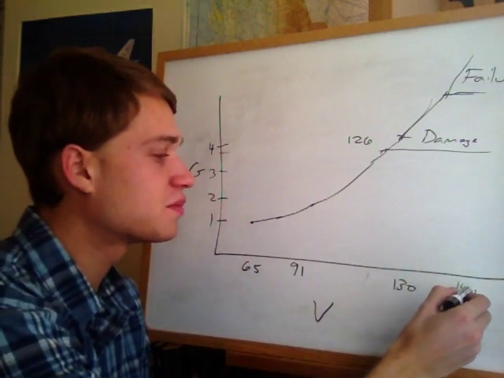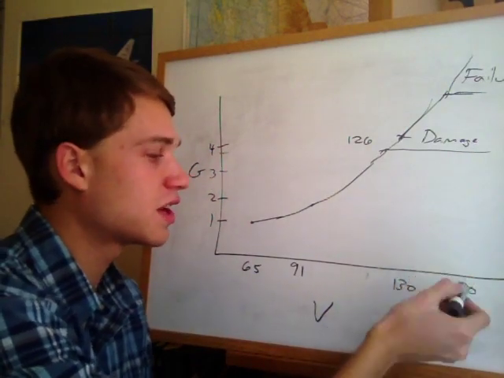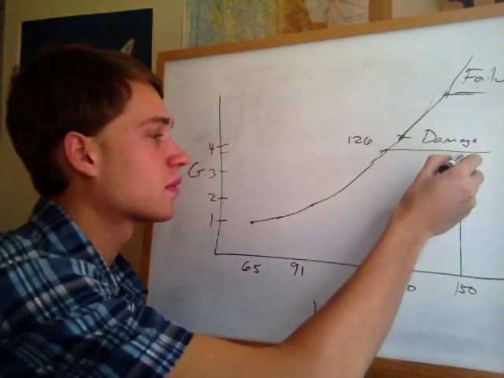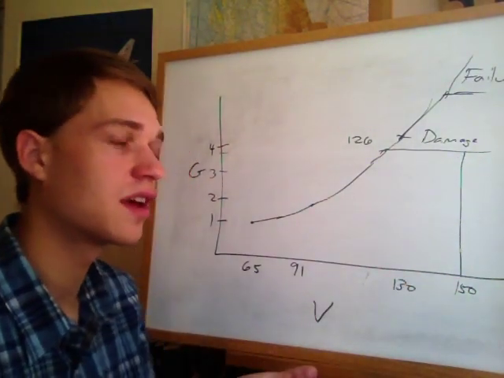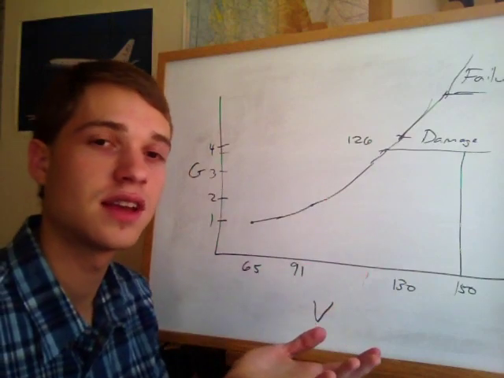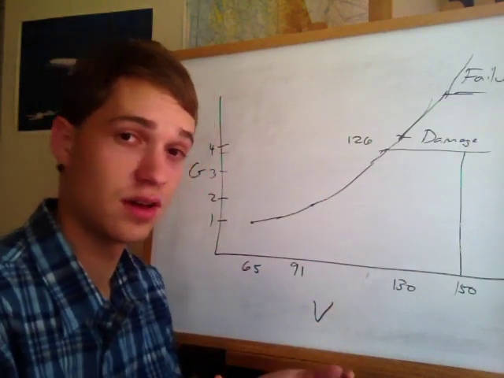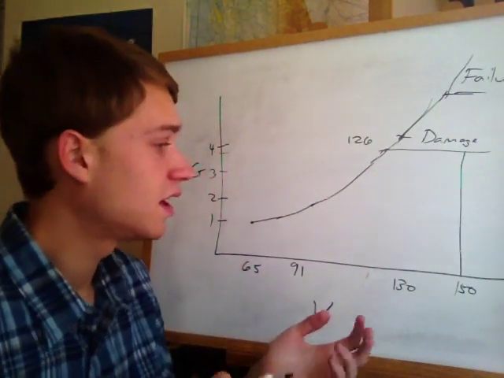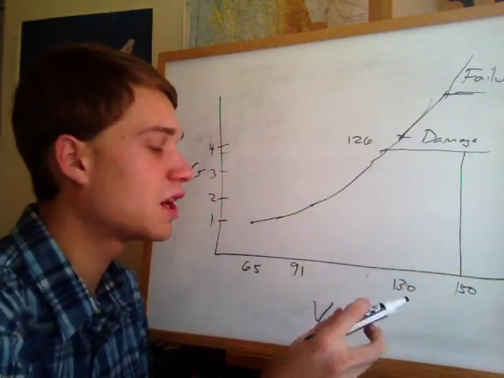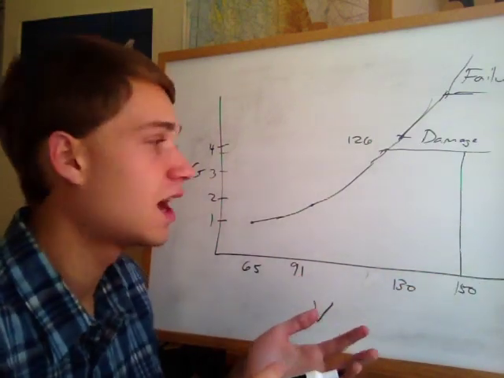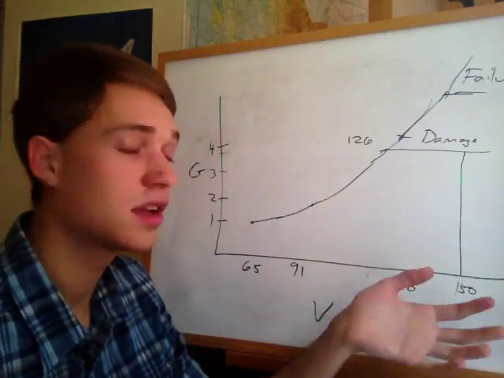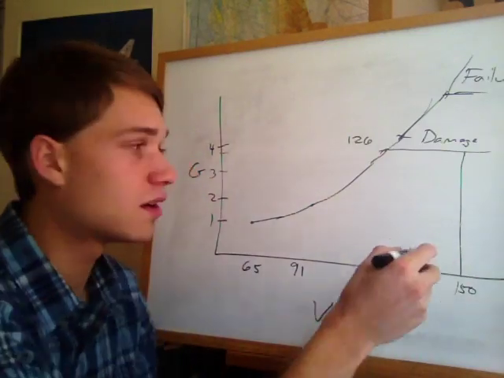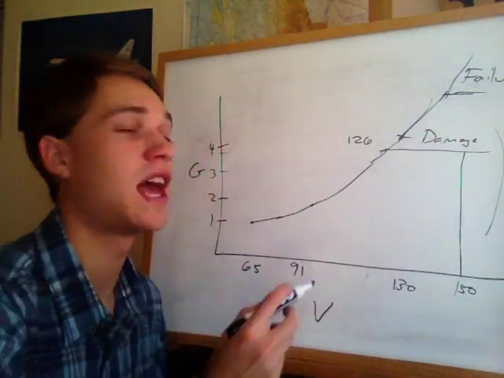There's also a speed over here where, let's say that's 150 knots. Remember how introducing a gust, if you have a gust that moves the airplane around suddenly, that's also going to put loads on the airplane. And so if you're flying along at 150 knots, and a sudden gust hits you, we've all experienced turbulence, some sudden gust like turbulence hits you, that can also shoot the airplane right up here into the damage range.